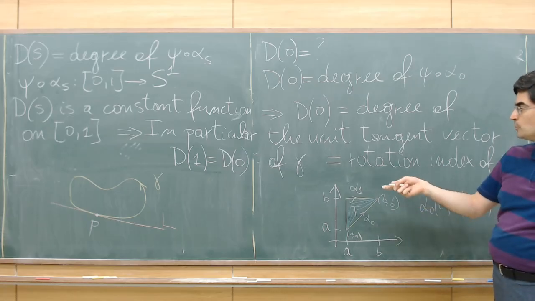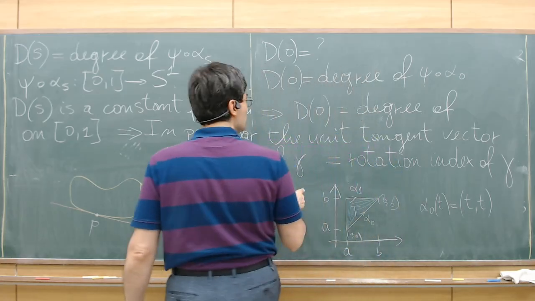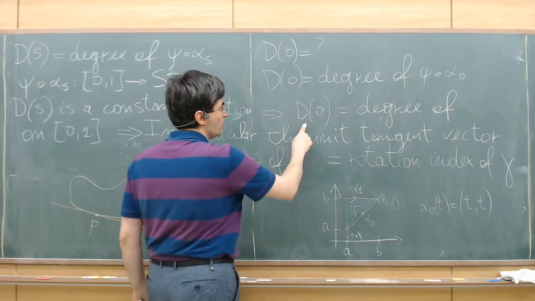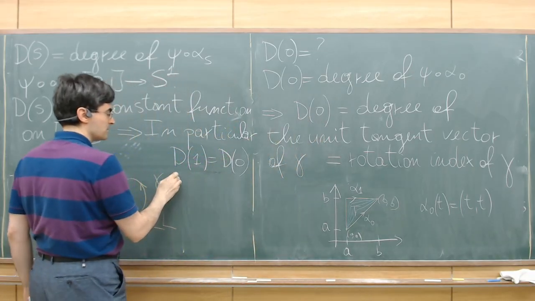Our goal is to prove that the rotation index of gamma is equal to 1. So we have to prove that this d0 is equal to 1, and we will prove that this d0 is equal to 1 using this fact.